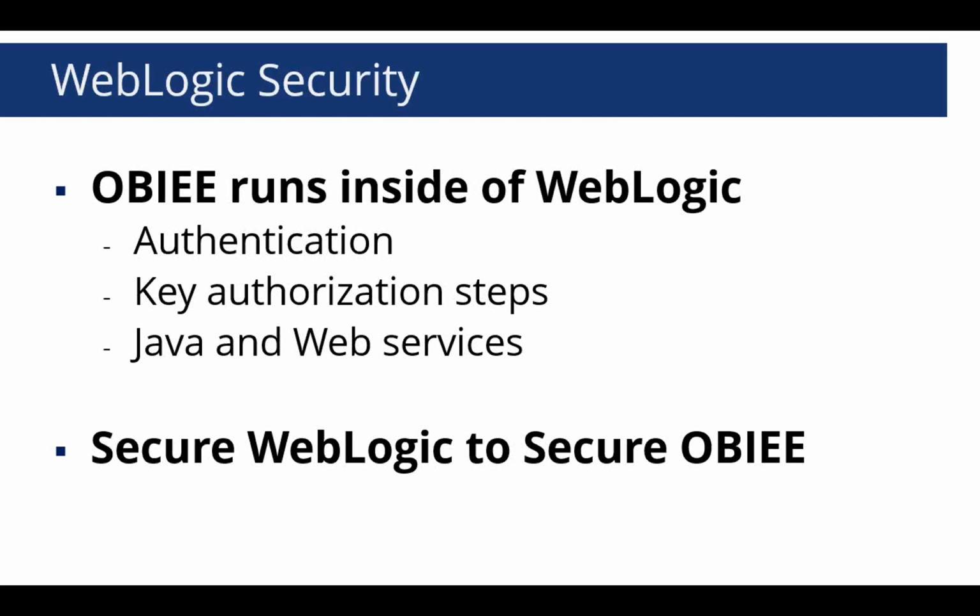I do have a slide towards the back of the deck to summarize some of the points, but I will be verbally addressing that as we go. With 11G, authentication and key authorization steps are occurring inside of Weblogic. This is where the web services are being run, the key critical Java web services. So to secure OBIEE, you need to secure Weblogic first and foremost.